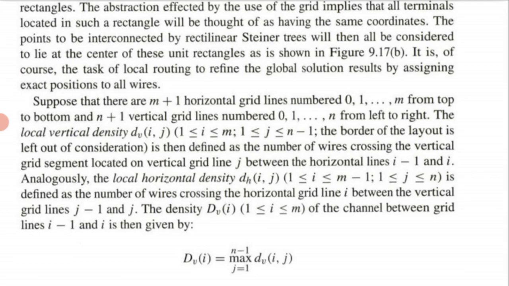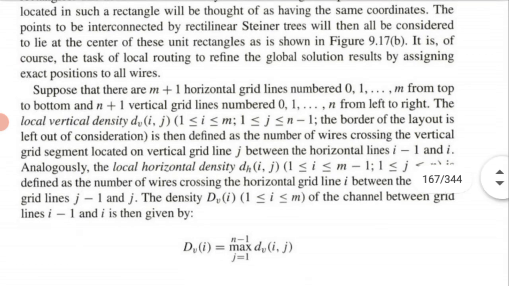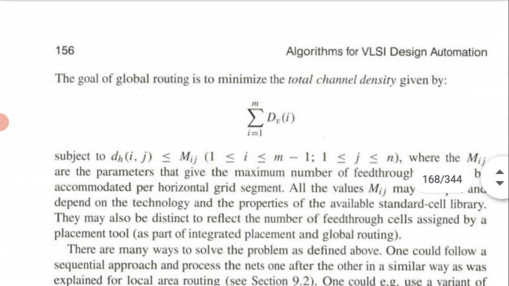The density dv is given by dv of i equal to the maximum over j from 1 to n minus 1 of dv of i comma j. The total channel density we can represent as the sum over i from 1 to m of dv, that is the vertical density. To find the total density we have to sum this.